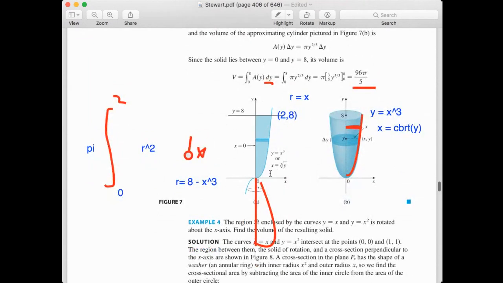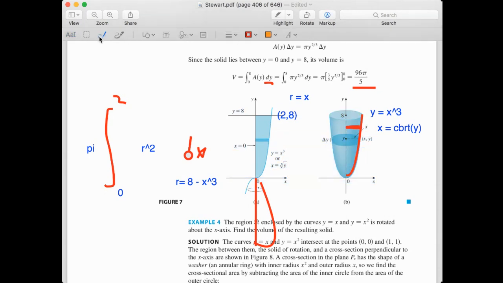If I rotate this piece of region over the x-axis, I get a symmetric region below the x-axis. Just imagine this piece is exactly symmetric to this. I couldn't draw it exactly like that. And the intersection, or the level set, is a circle.